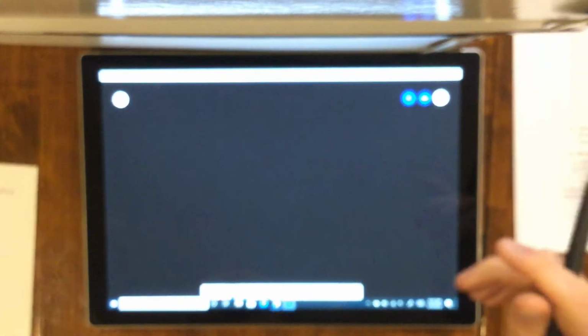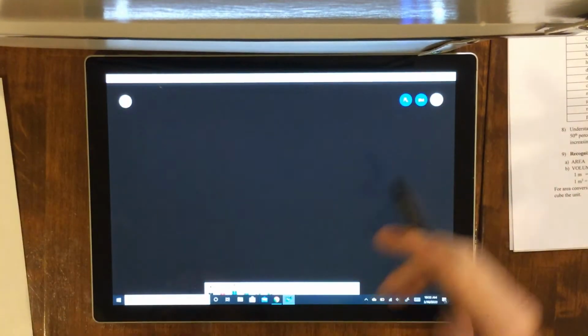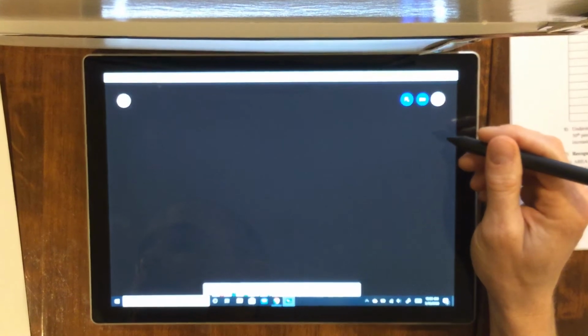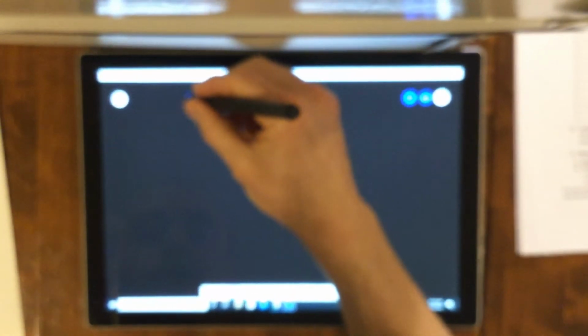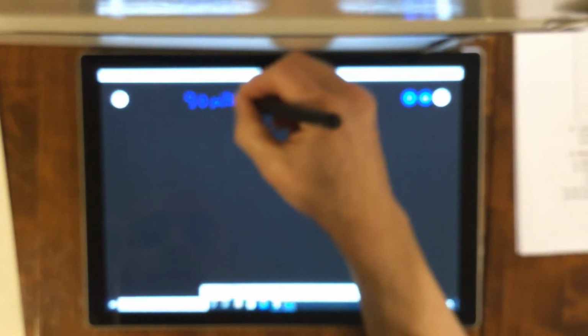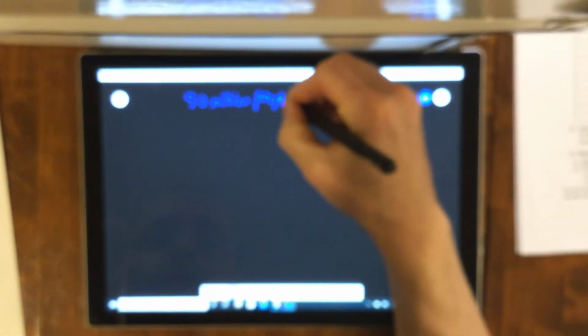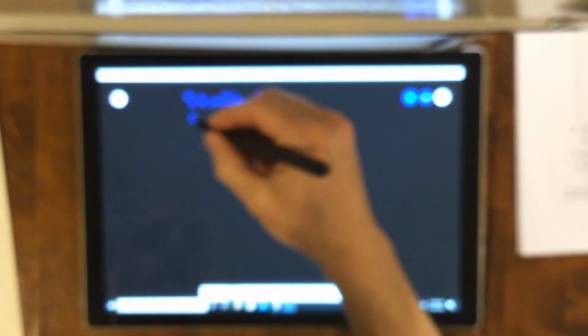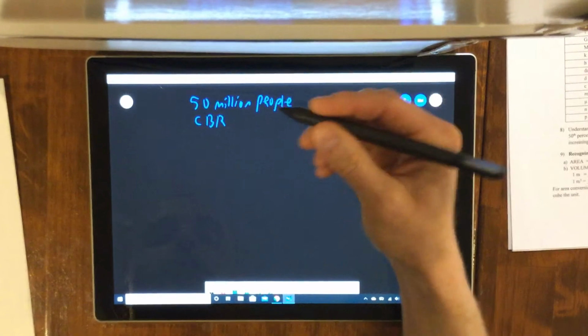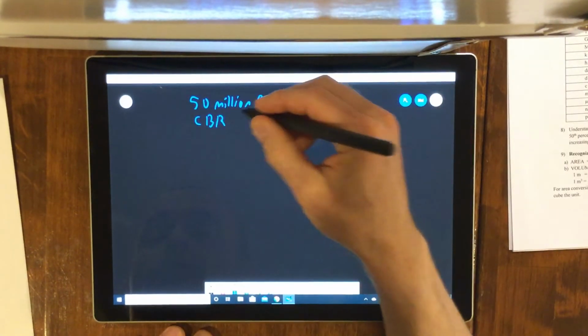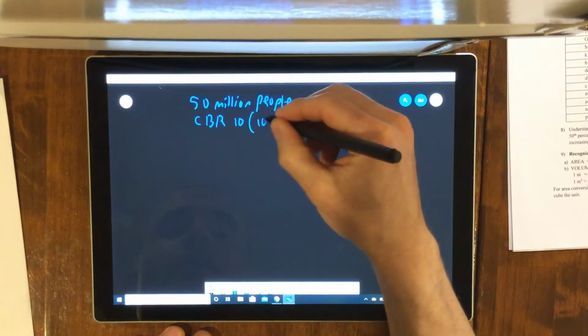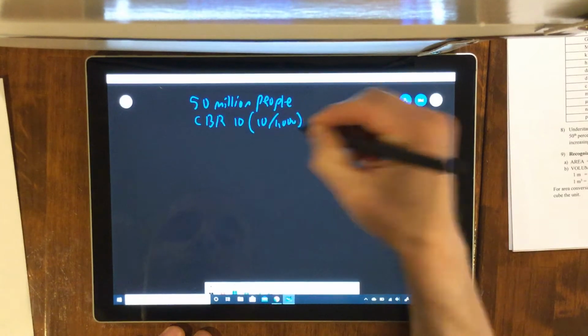If I give you a question that says a country with a population of 50 million people has a crude birth rate, crude birth rate means how many people are born for every 1,000 people. So if the crude birth rate is 10, that's 10 out of 1,000 people.